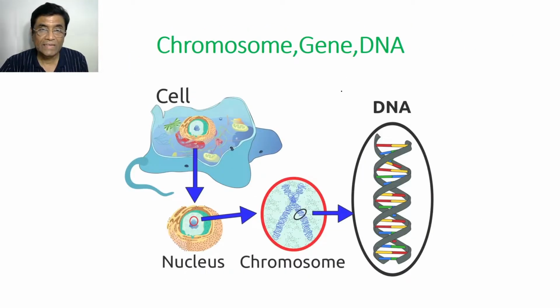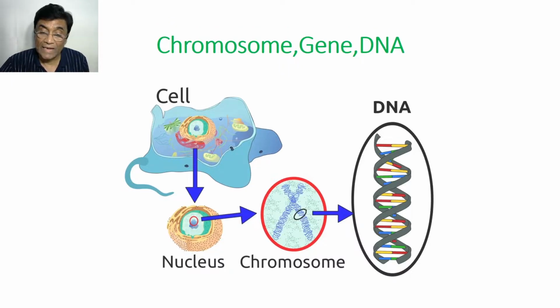So let us see, in biology, what are those nucleus and chromosomes, and where they reside. See, this is a cell, this is a cell body. Just a funny thing, it looks as if it's a living one. Inside the cell you have the nucleus, and inside the nucleus you have chromosomes.